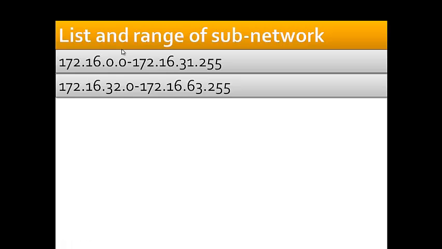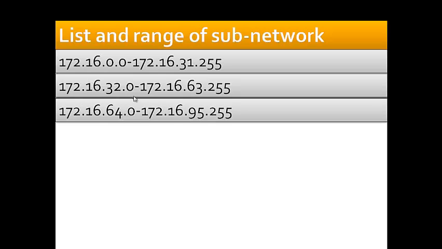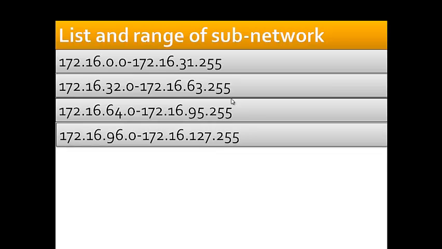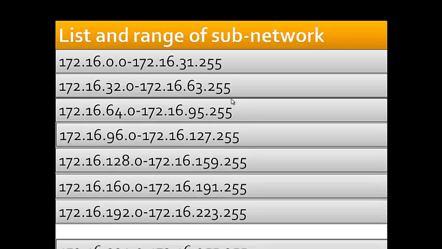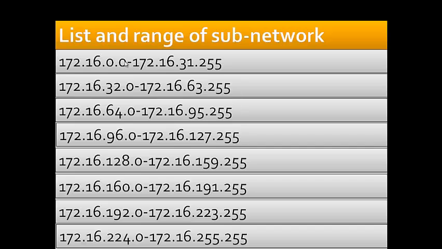So we start from 32, it ends with 63, and the next is 64.0 to 95.255, and so on and so on. So you can see here it starts at 0.0 and ends at 255.255. So this was the solution of your first task. Now we will move to the next task.